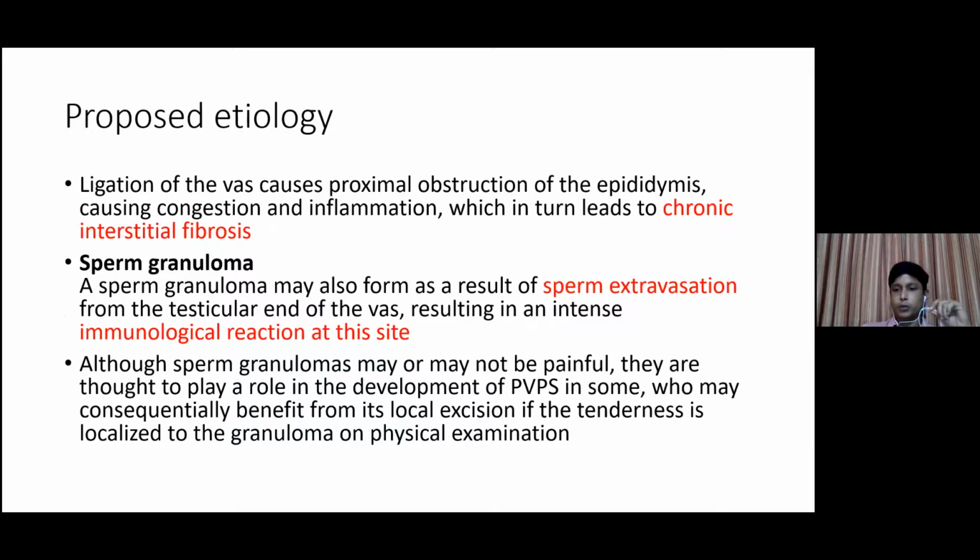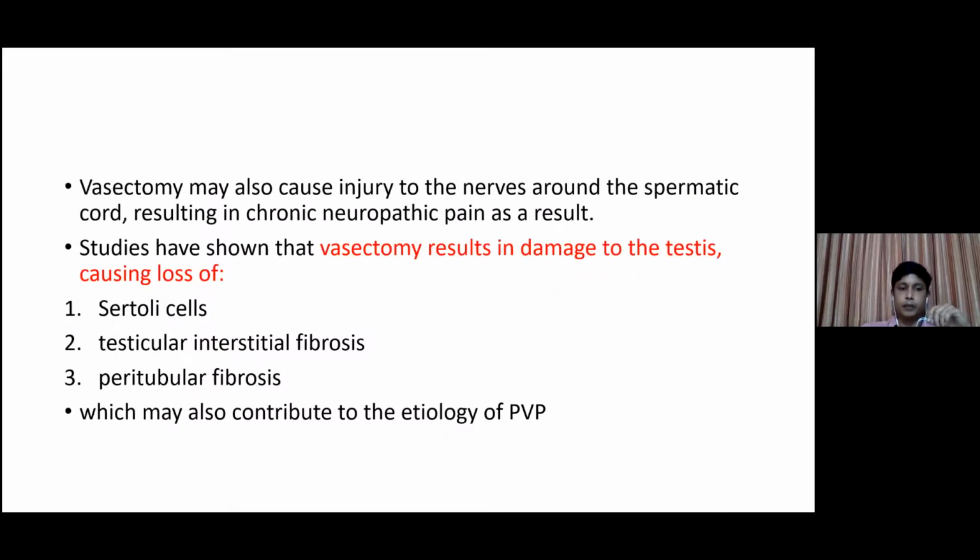It might be due to chronic interstitial fibrosis, and also we might leave a long proximal length of the vas, so there might be sperm extravasation, and related to the immunological reaction, there might be pain. Sperm granuloma may be there, which sometimes may be tender. And also we might damage the nerves, which may cause chronic neuropathic pain.